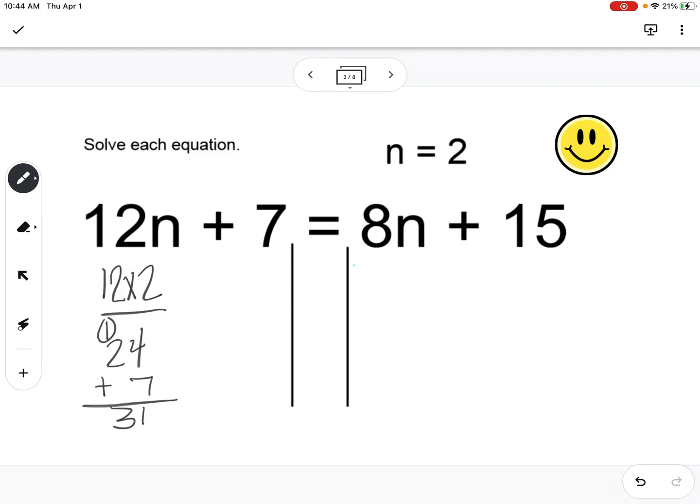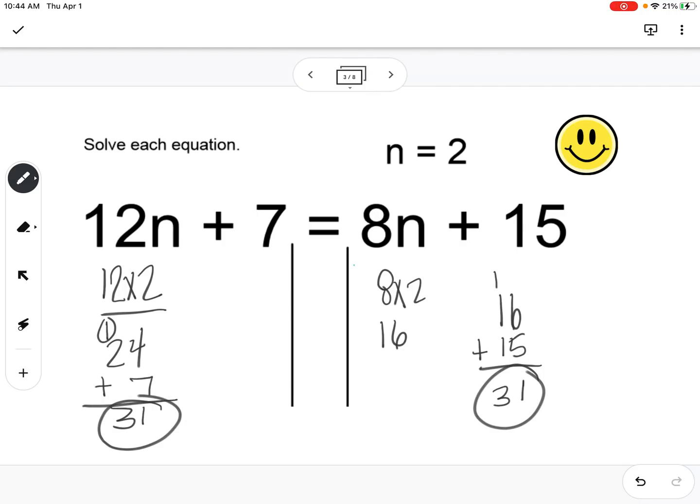So this side equals 31. Let's see if this side over here is 31. 8 times 2 is 16. 16 plus 15 is 31. So you do see that these are the same on each side.